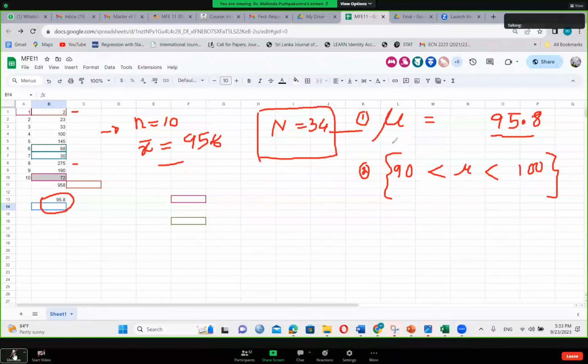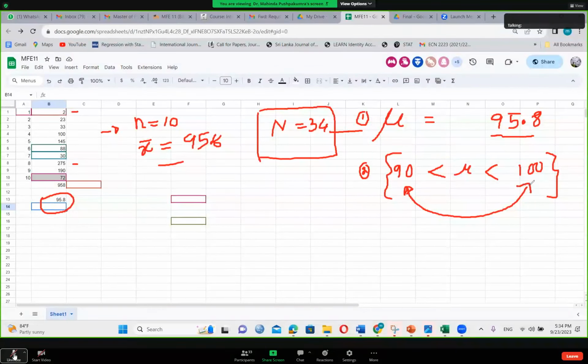Then there are two statements. One says that sample mean is 95.8, sample is representative sample and sample size is large, then the population mean equals 95.8. This is statement one. Then the second statement I say that sample mean is 95.8, then I am 95% confident the population mean is between 90 to 100.